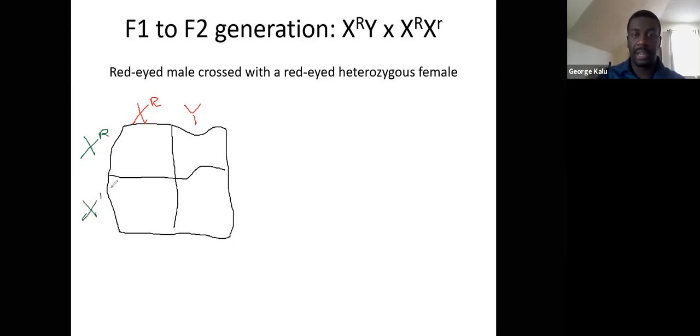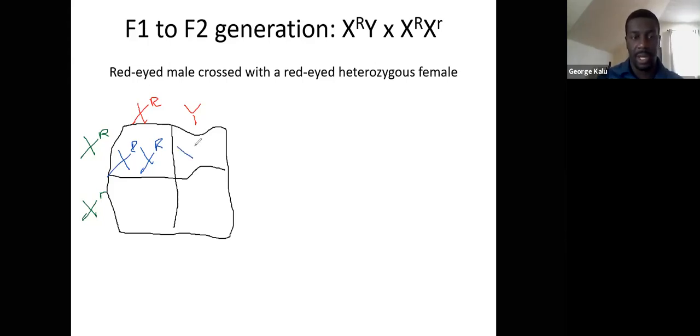Okay. And then again, if we were to do this Punnett square, what should we come up with in this top left box? Right, X big R, X big R. Cool. Okay. What about the top right?